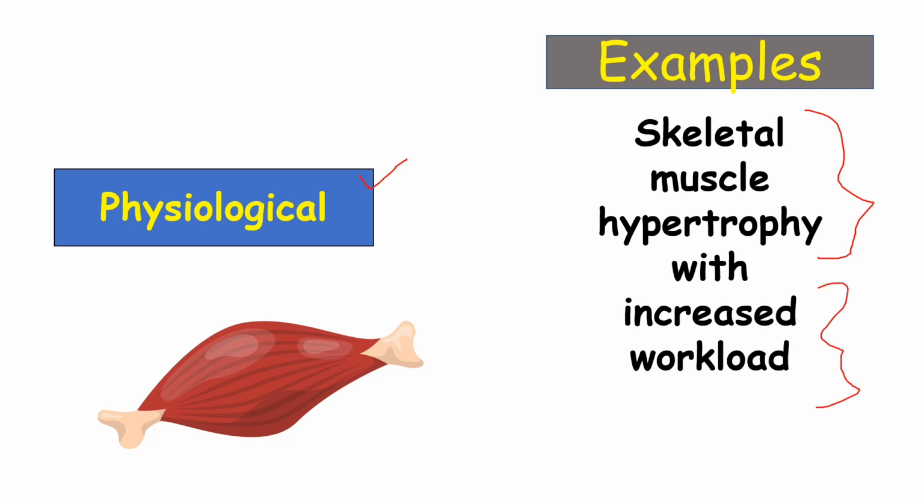Whenever there is increased functional demand, the skeletal muscles will have increased production of these proteins, and they will increase the size of the myofilaments, and finally there will be hypertrophy of the muscle fibers. Especially, you know, all these six packs, it happens mainly because of this mechanism of hypertrophy.